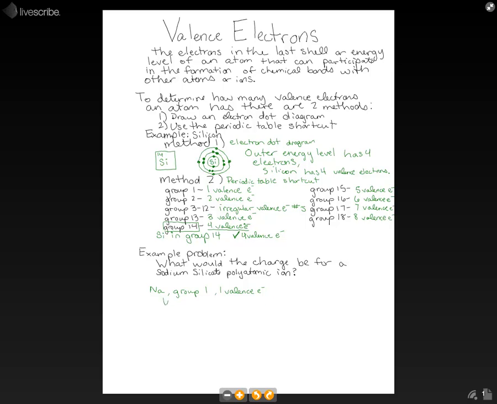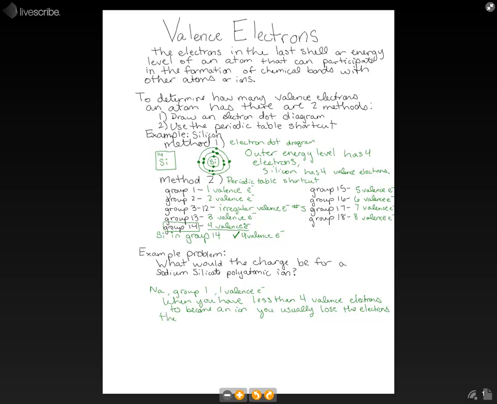Whenever you have less than 4 valence electrons, to become an ion, you usually donate or lose the electrons.